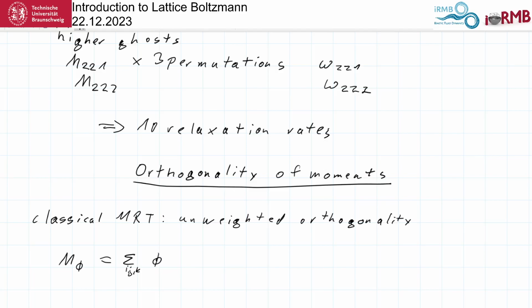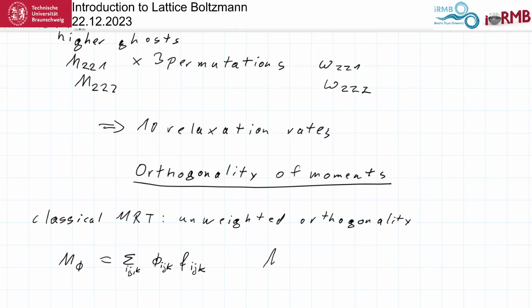So there is a kernel phi ijk into fijk, and this gives us the moment phi, okay? So for example, countable moments would here have i to the power of a, j to the power of b, k to the power of c, yeah?